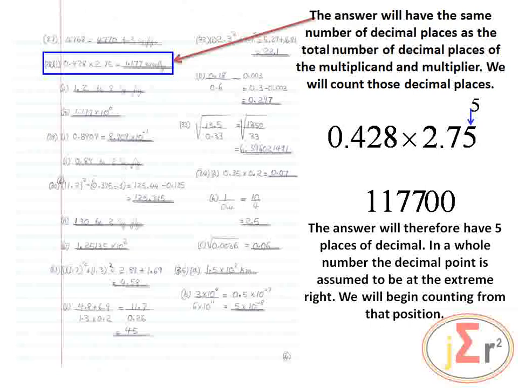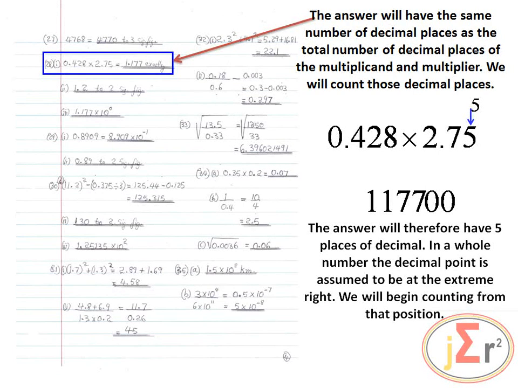So in a particular number, if we do not have any decimal point, meaning that we do not have a fractional part expressed as a decimal fraction, then in that whole number the decimal point is assumed to be at the extreme right.